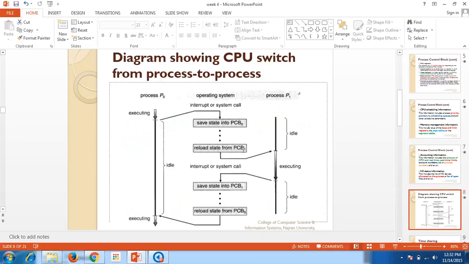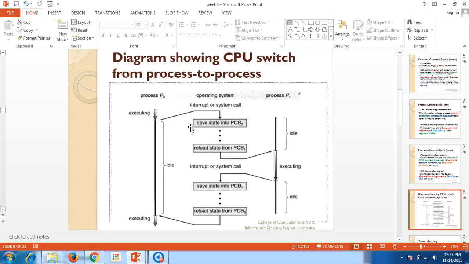Then we have seen one diagram which is showing the switch of CPU from process to process. There are two processes, P0 and P1. The important thing is, whenever we are going to execute any process, we need to reload the state from its process control block, and whenever we are going to stop any process, we need to save its current state into the process control block.